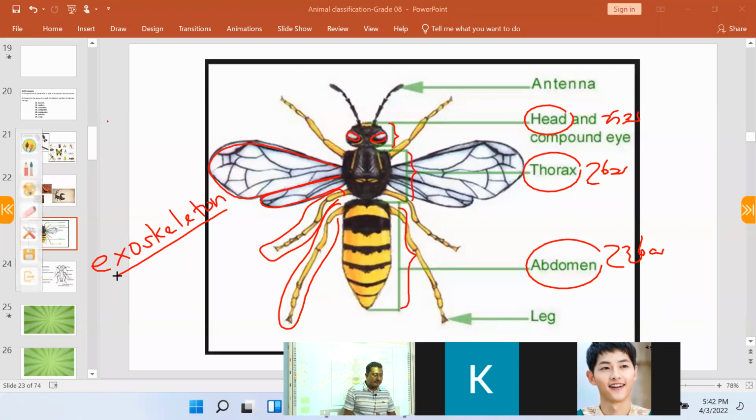Calcium carbonate? No. A snail's shell is made of calcium carbonate. A mollusk shell is made of calcium carbonate. But in arthropods, the exoskeleton or the shell is not as hard as in mollusks. Mollusk ke wage godak hard naha.